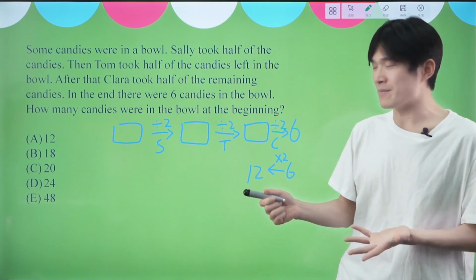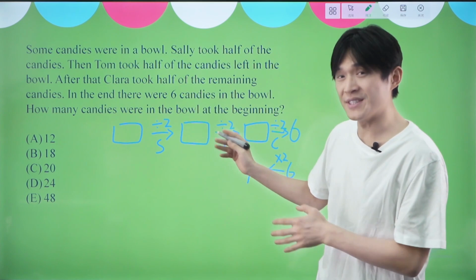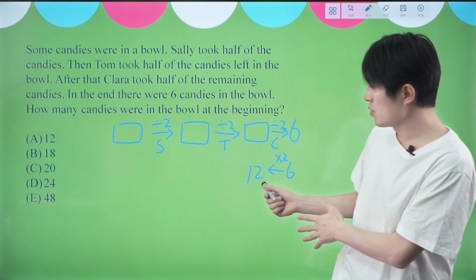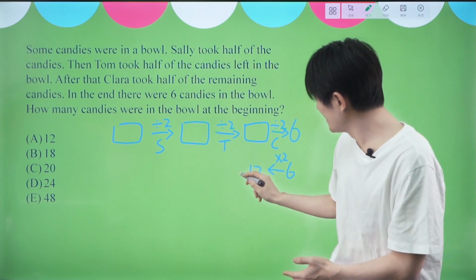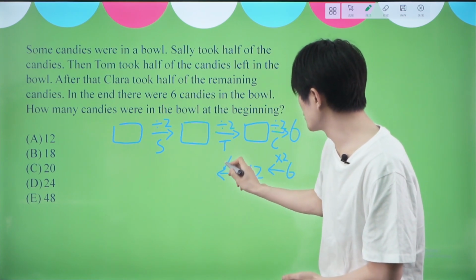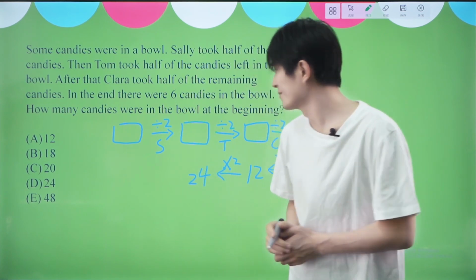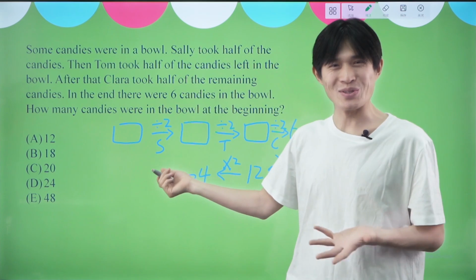So the same. Working backwards. An unknown number divided by 2 is 12. What is this unknown number? So we simply just use 12 times 2. We get 24.